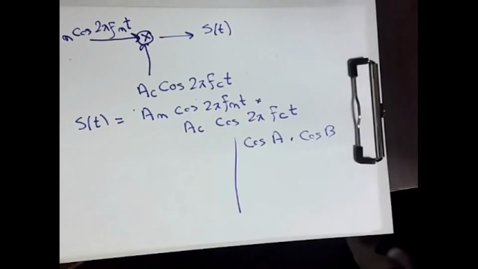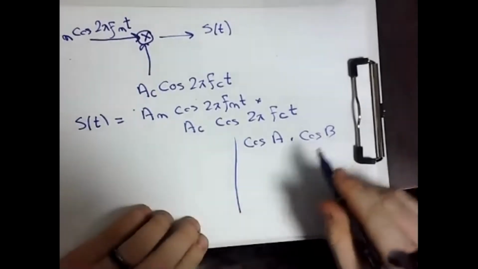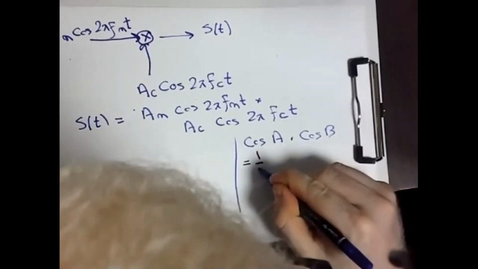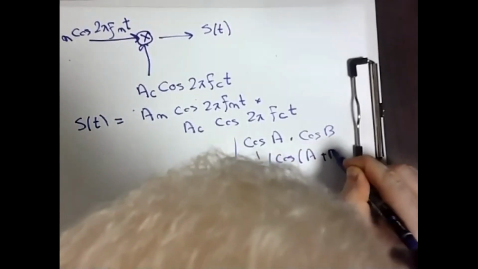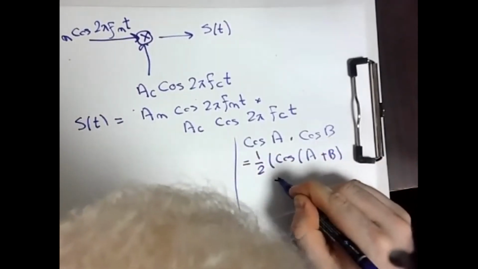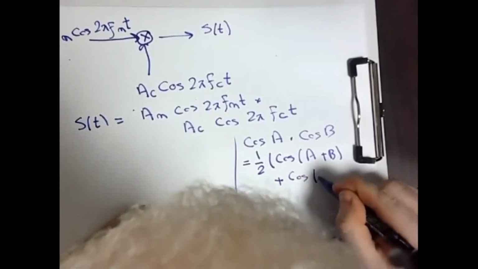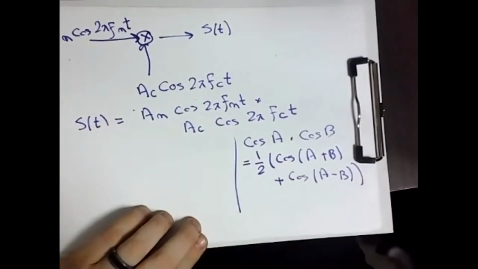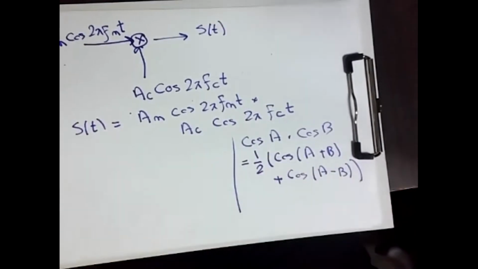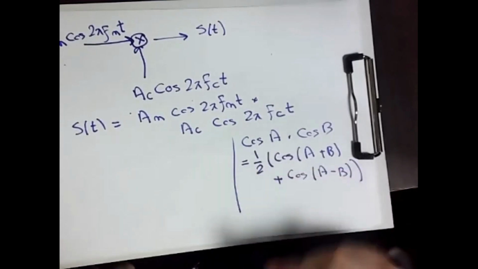By returning back to our basic trigonometrical identities, you will find that cosine A times cosine B is simply equal to half cosine A plus B plus cosine A minus B. This is simply the mathematical expansion of this cosine.